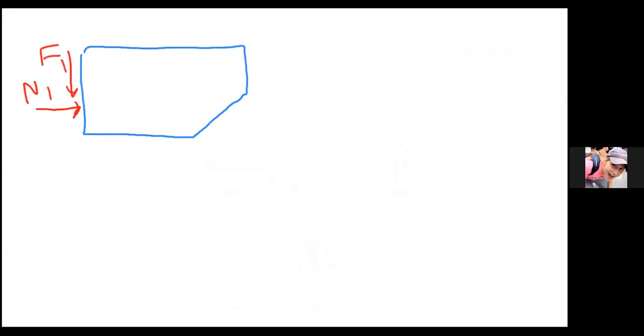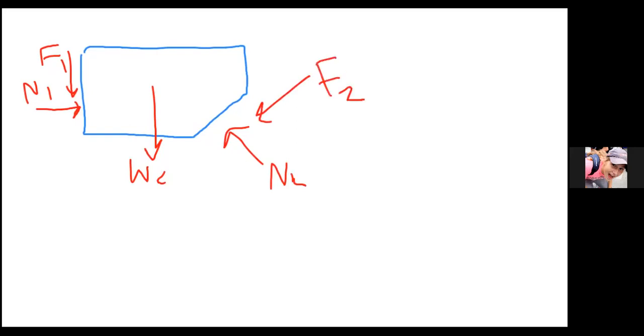And these are both between the block and the wall, obviously. I have the weight of the block itself. And then I've got a normal force, which I'm going to call normal force 2, and a frictional force, which I'm going to call F2. So this is block C.